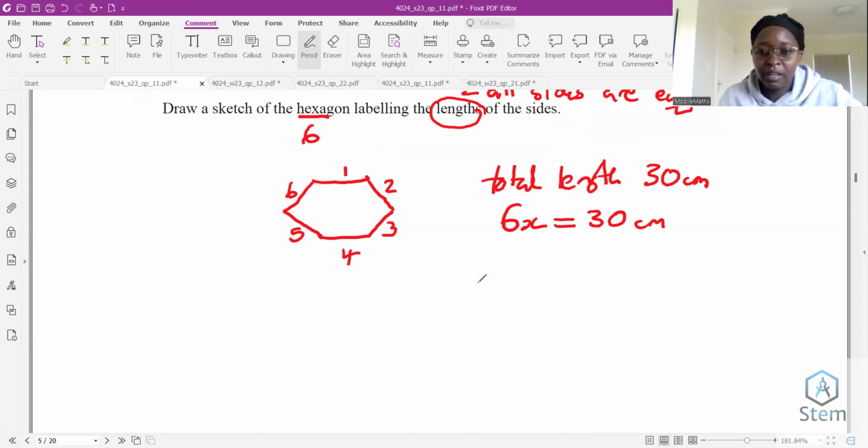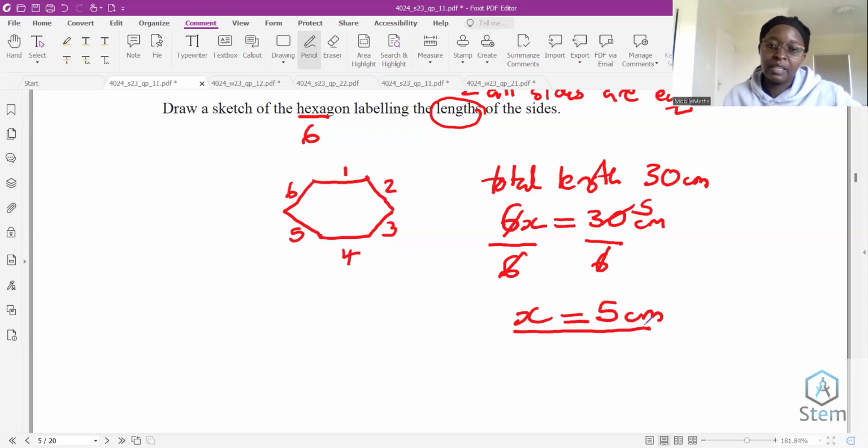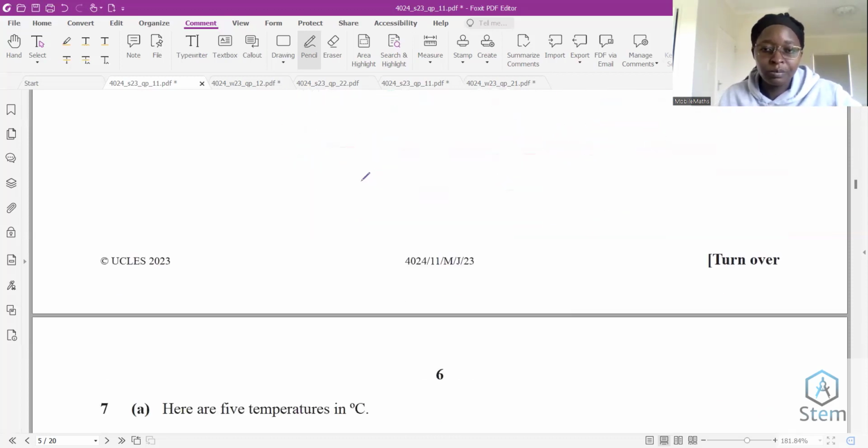To find the value of 1x, we divide both sides by 6. The 6s cancel each other out, and here we get a 5. So our x is going to be equal to 5 centimeters. So we are done. If you want to make it nice, you can even label 5 centimeter, 5 centimeter on each side. It's still fine. Okay, let's move on.